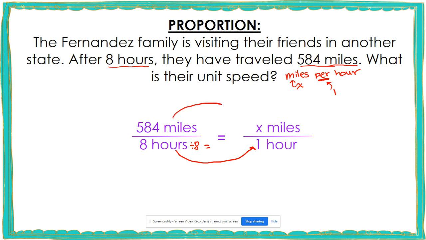Now, because these are equivalent fractions, if I divided my denominator by 8, then my numerator would have also been divided by 8. So I would do 584 divided by 8, which would give me 73. So x equals 73. And this means that the Fernandez family travels 73 miles per hour.